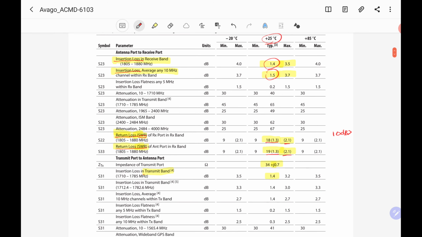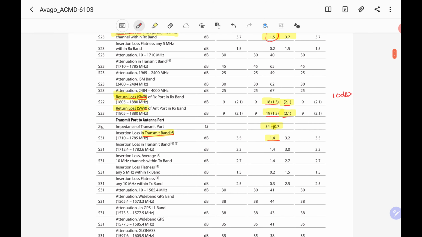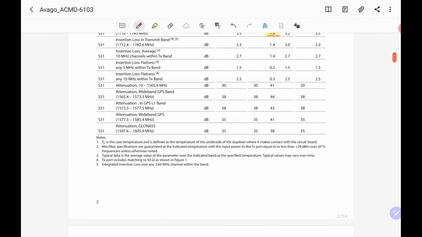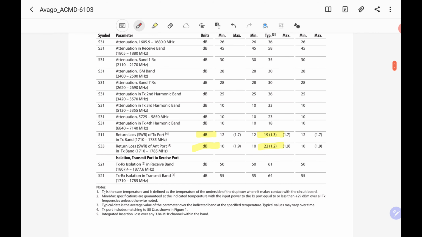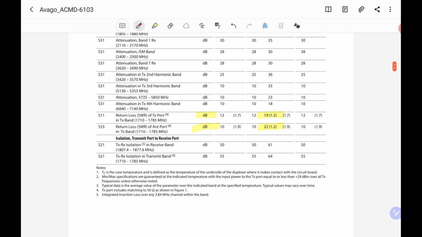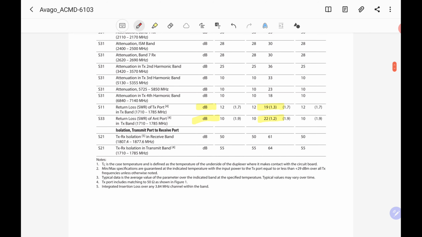And then the insertion loss for transmission side 1.4, reception side 1.4, right? So this is insertion loss and return loss from this kind of commercial RF microwave circuit. So this is also return loss, right? 19 dB and 22 dB.